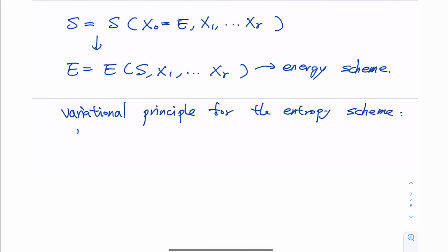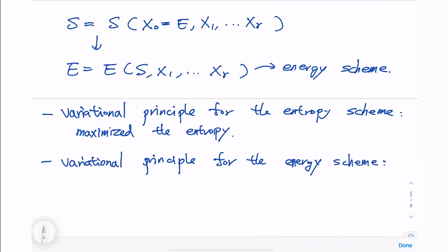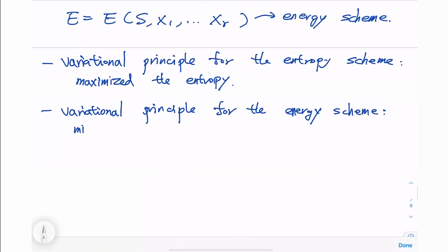Basically we want to maximize, and we want to minimize.